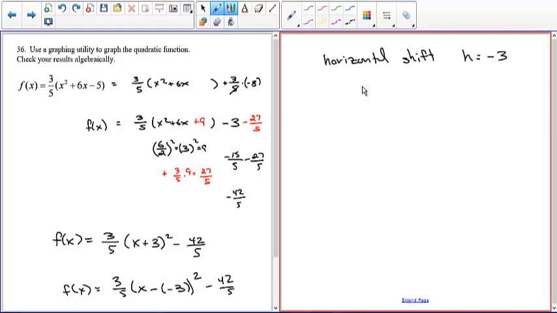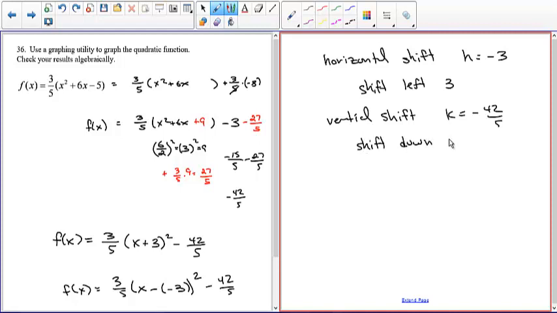So that means shift left 3. Then we have a vertical shift, which is k. k equals -42/5. So we're going to shift down 42/5, which is approximately, let's see, 8 point something.